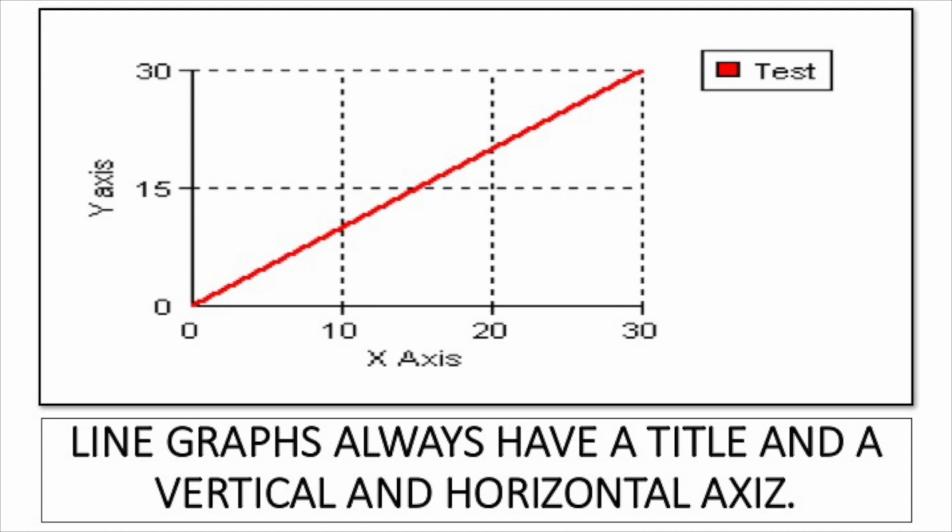So in that way, they are similar to bar charts. Because like a bar chart had a title, horizontal axes, and vertical axes, line graphs have the same. You see here, the line going up, also known as the y-axis, and then the line going across, known as the x-axis.